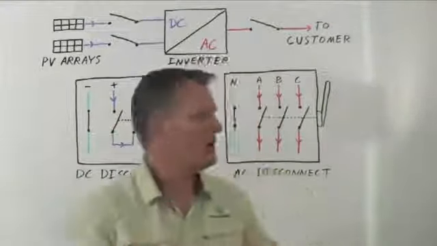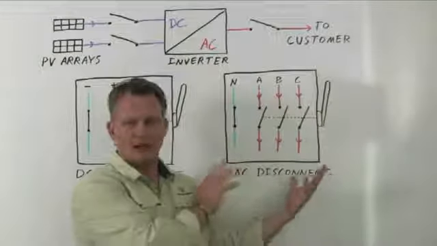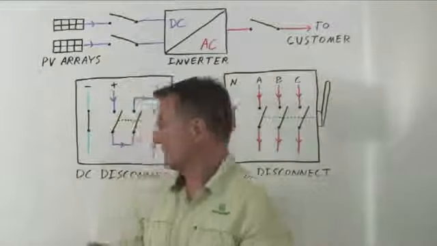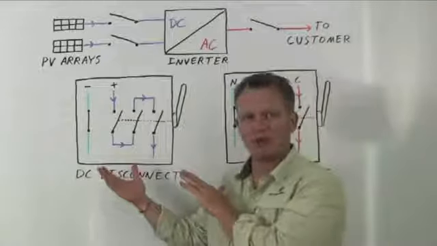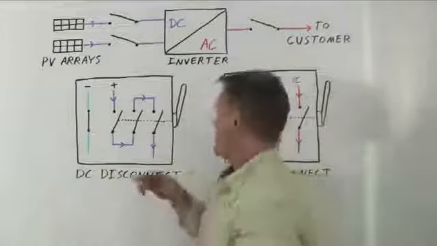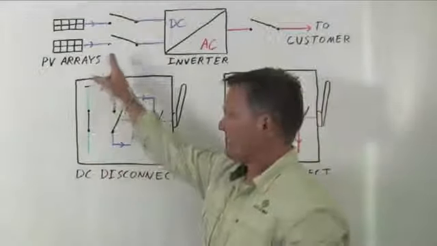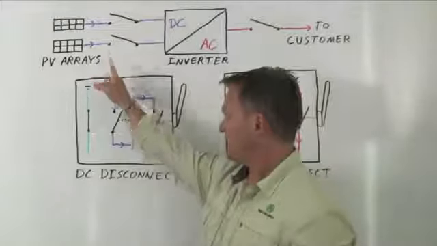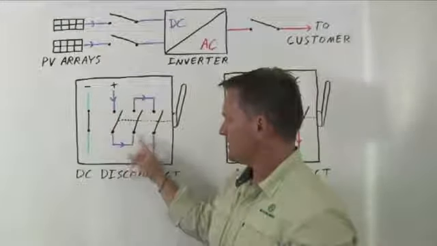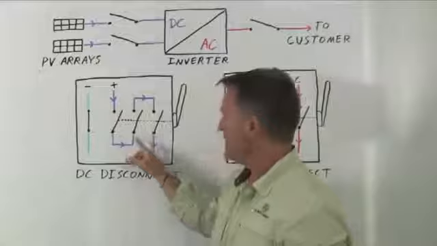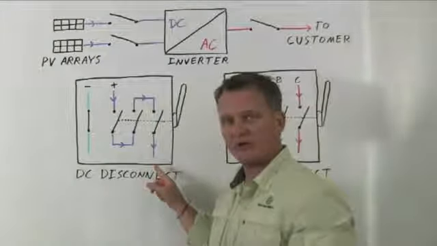So how do we take what's typically a commercially available AC disconnect and use it in a DC disconnect application? Well, one way to do it is to take a single DC circuit and actually wire it through the switches, all three switches, in series, just like shown here.